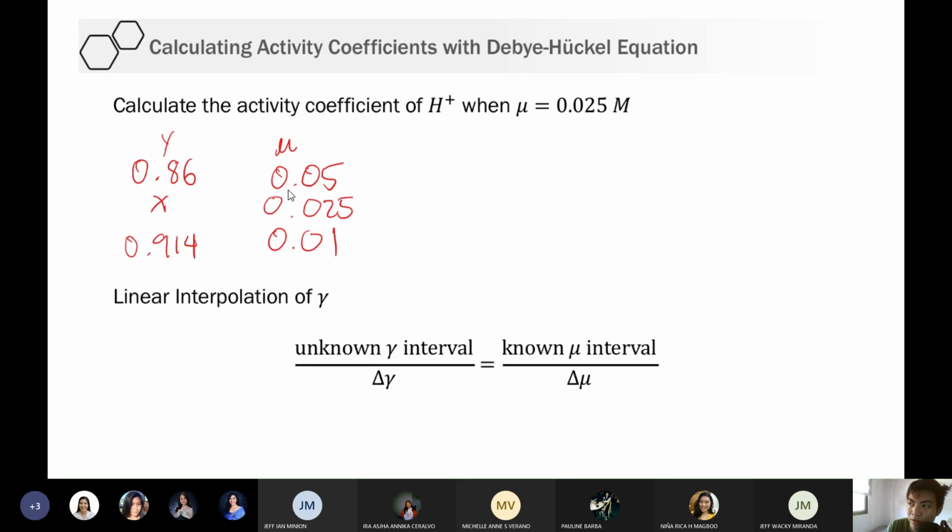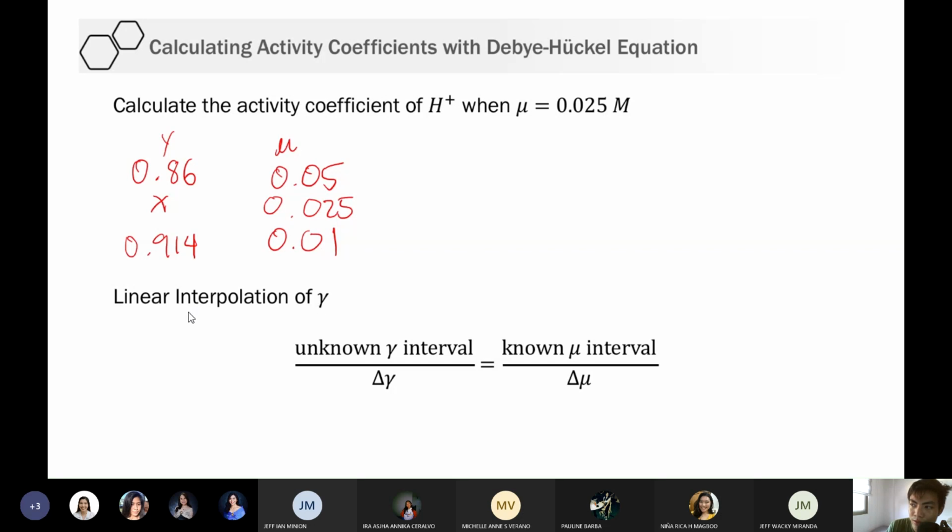For you to solve for the gamma, if your ionic strength is somewhere in between what's written on your table, you have to list down your three ionic strengths and their corresponding gammas.